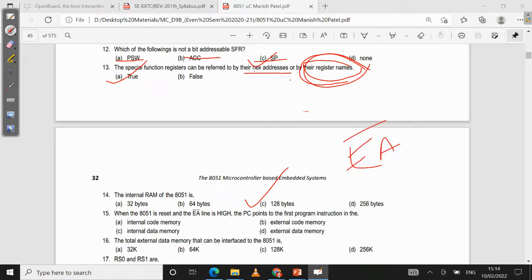EA bar is high, high means connected to plus VCC. So where will your first program instruction point to? Internal code memory, external code memory, internal data memory, or external data memory.